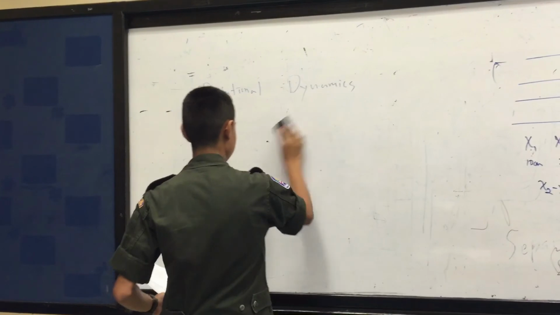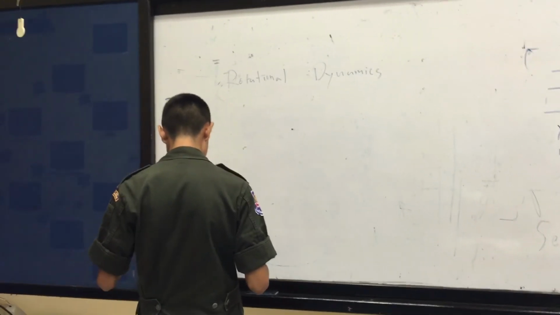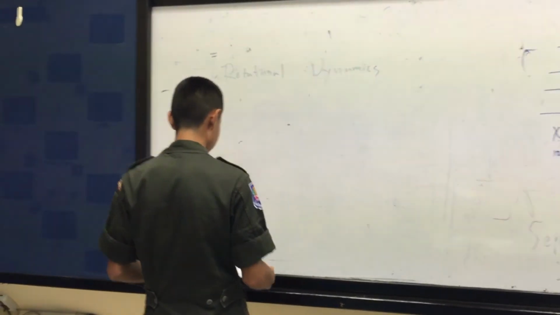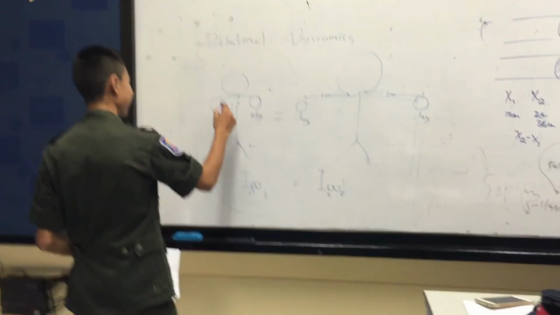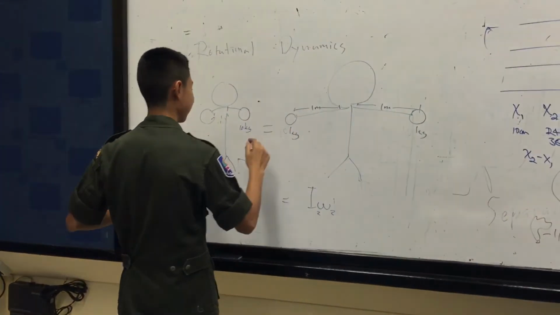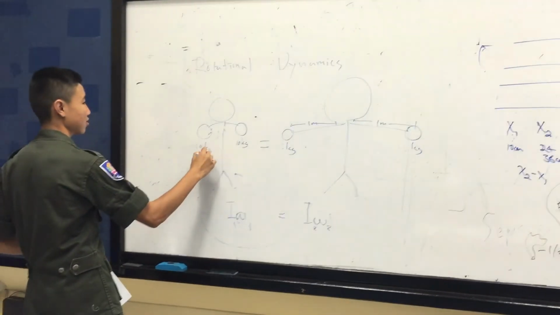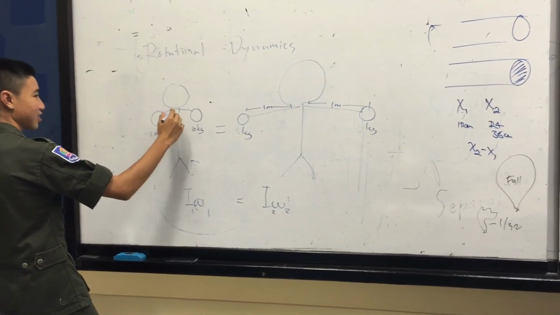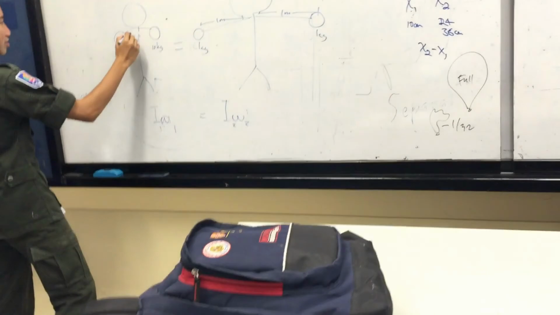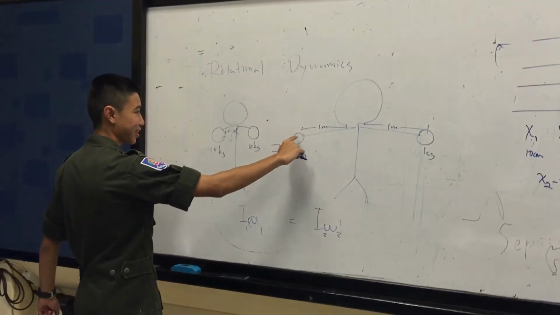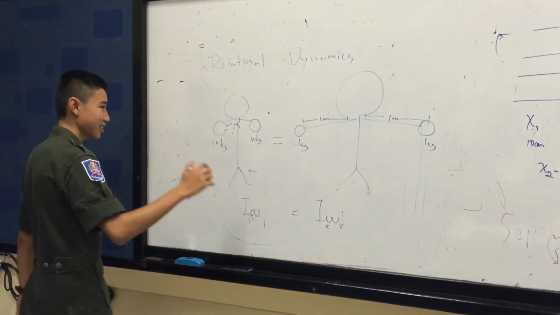Another topic is conservation of angular momentum. So we have the mass the same, 10 kilograms, and this person has a length of 0.1 meter, but this one we have 1 meter.